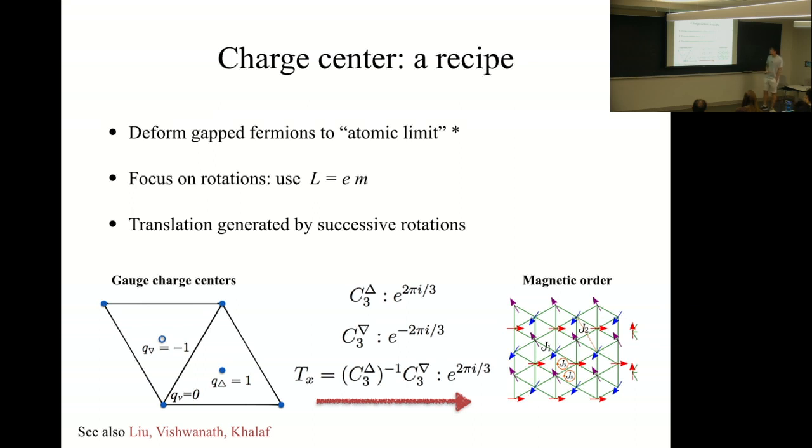Okay, so let's deform that, and there is a way to systematically figure out what the atomic limit would look like, as you learned from Jen's talk. Let me postpone exactly how you get that, but just tell you the result. For the specific kind of band structure I mentioned, the result would look like a picture like this. Remember I have one particle per site, so that's like one particle per unit cell.